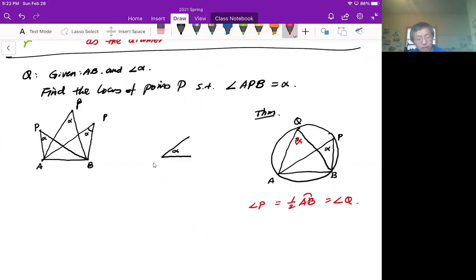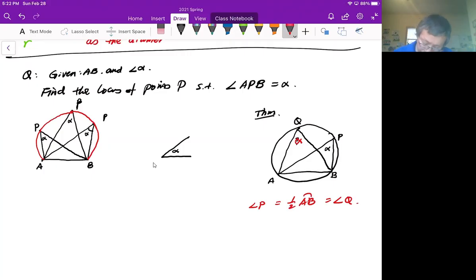So basically, the locus of the points will be something like a circle, a part of a circle. All of the points over that arc will satisfy the condition. And not only that, this is just above AB, and you can also do the symmetry for below AB.